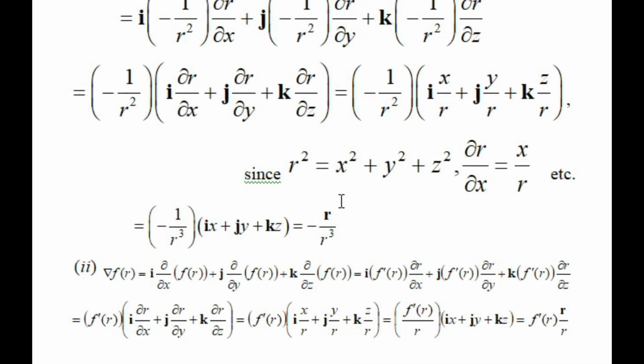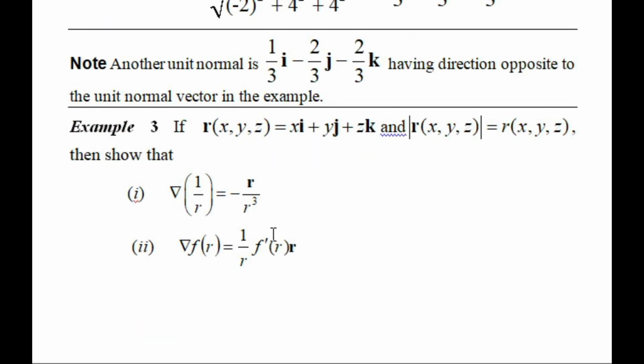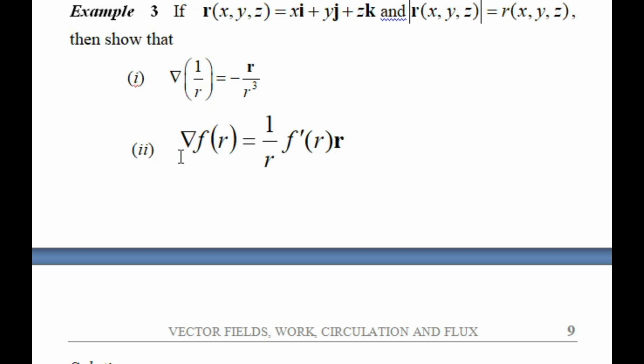Now we consider one more example. We have to find del of f of r is equal to 1 by r f prime of r. What about f of r? f is a function, any function, we don't know what that function is, but it is a function of the variable r.